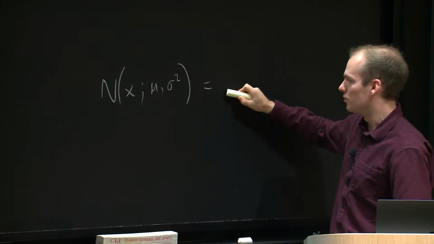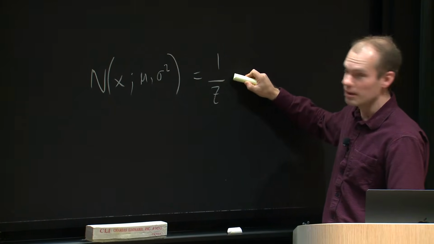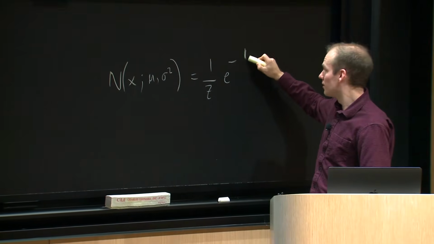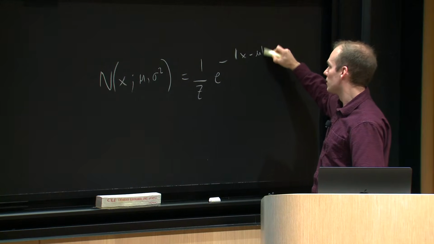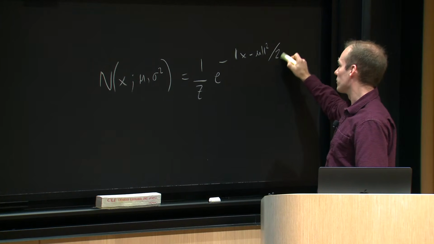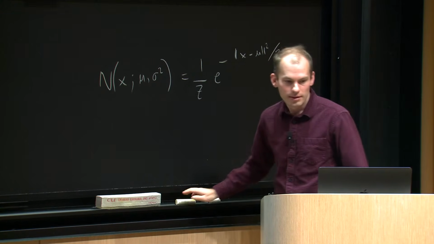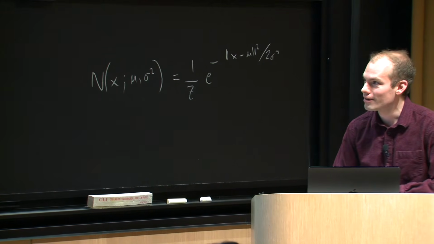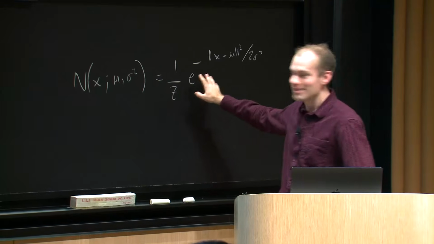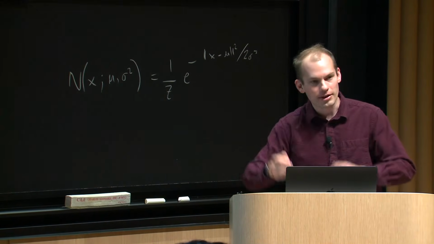It's some normalization times e to the negative (x minus mu) squared over 2 sigma squared. That's just the analytical form of the density. So it's shorthand for an exponential of the difference from the mean, divided by the variance.